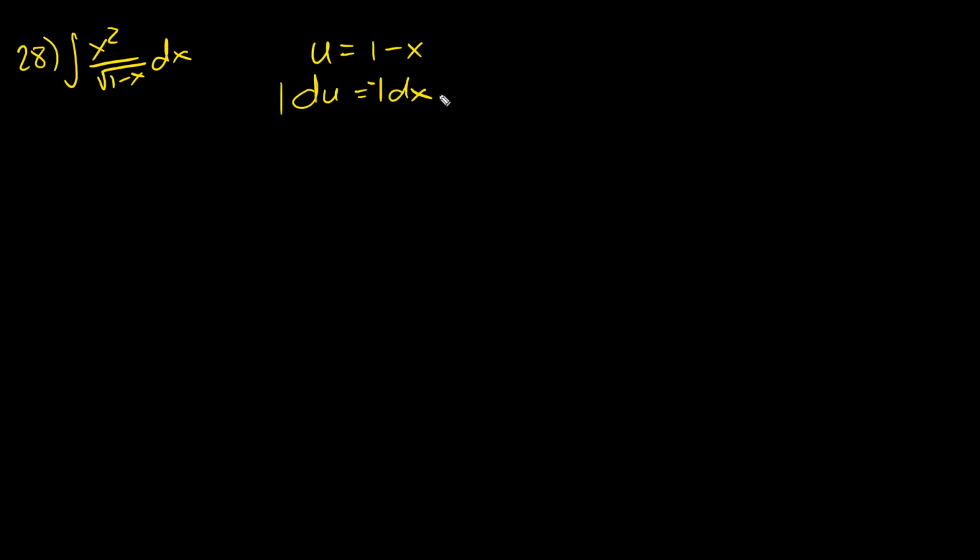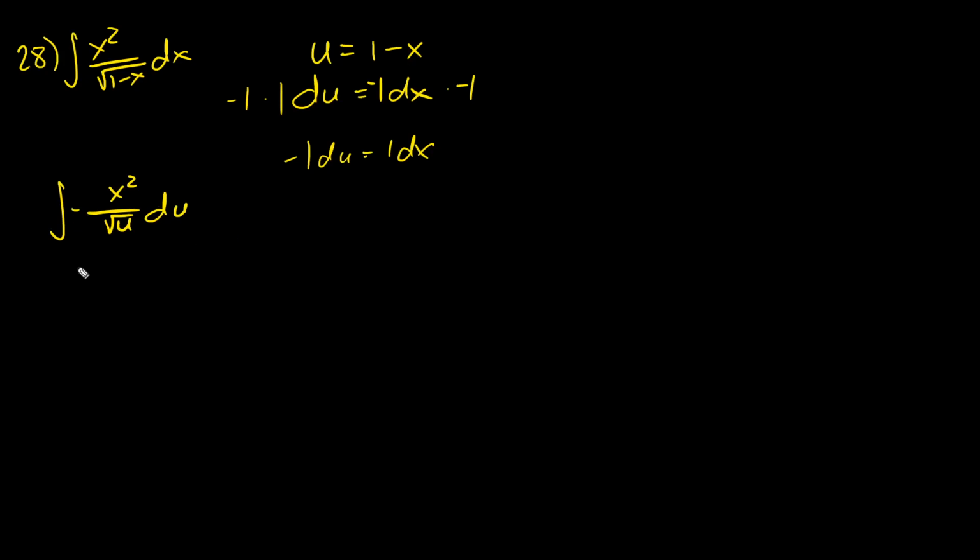So multiply by negative 1. Negative 1 du is equal to 1 dx. So what this gives us is the integral of x squared over the square root of u du. This should be negative, okay? Actually, it doesn't matter where the negative is. I can put it up outside. That's fine right there.